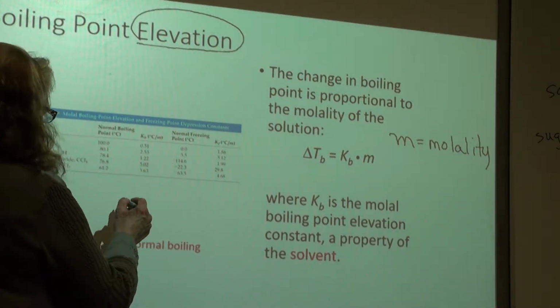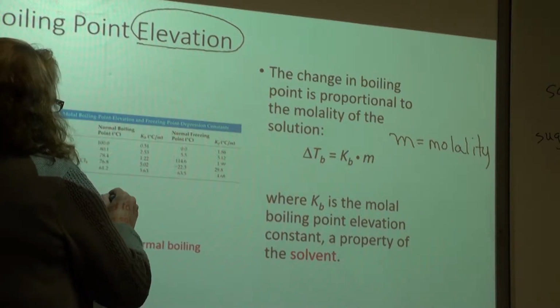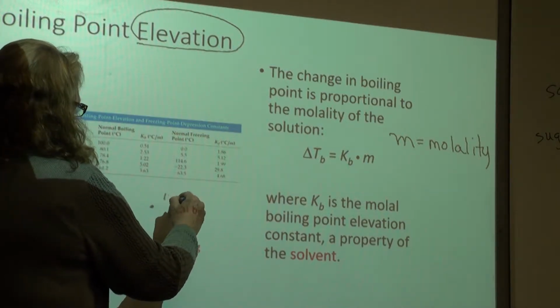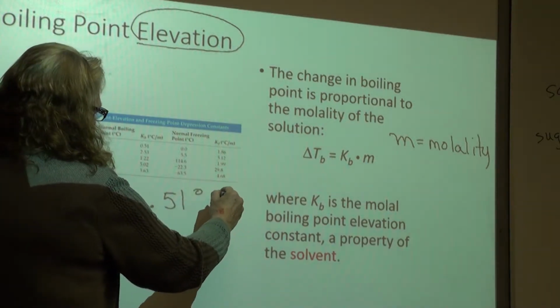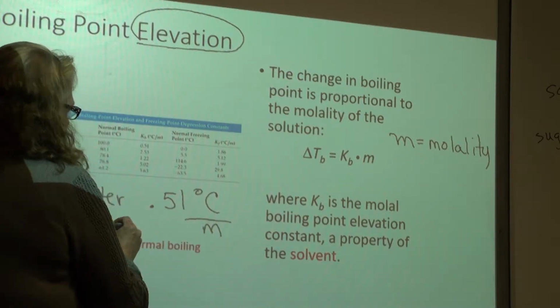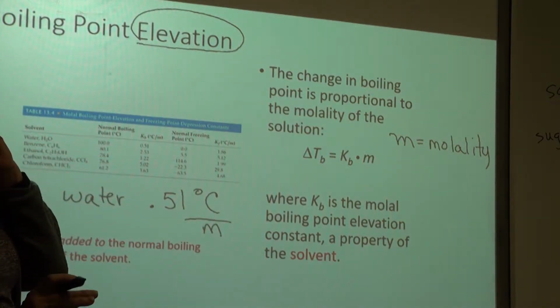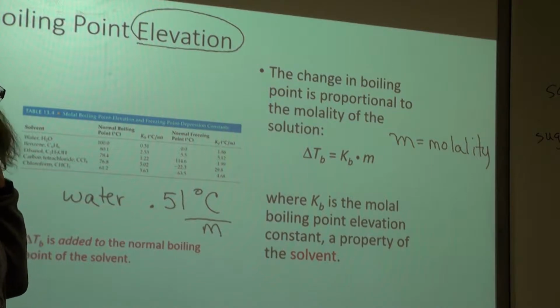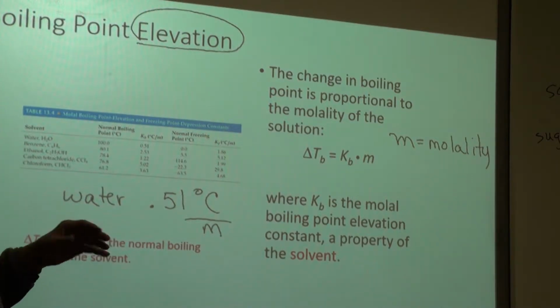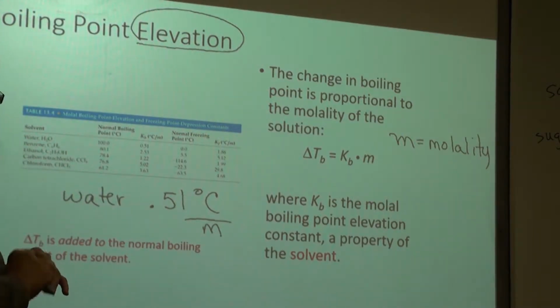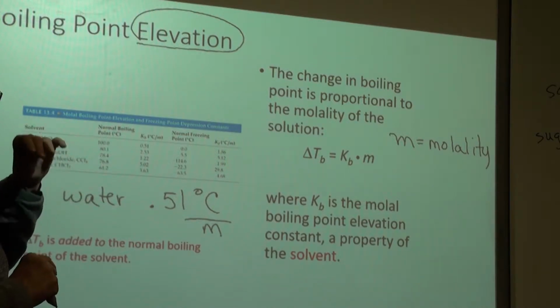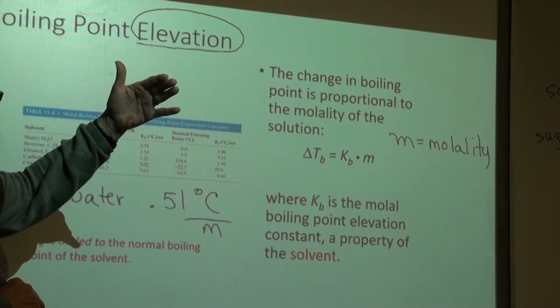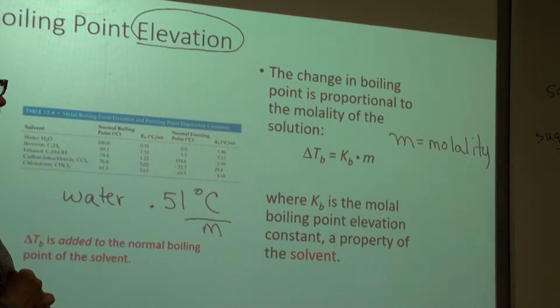And so for water, it's 0.51, and the units on it are degrees Celsius per molal. So it's 0.51, a half a degree. So every time the molality goes up, boiling point goes up about a half a degree for one change in the molality, all right?